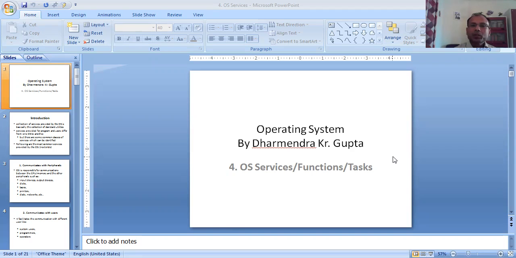Common class of the responsibilities in the sense we can consider a variety of operating systems, and from that variety of operating systems, most of the operating systems are handling most of the responsibilities we are discussing over here today.